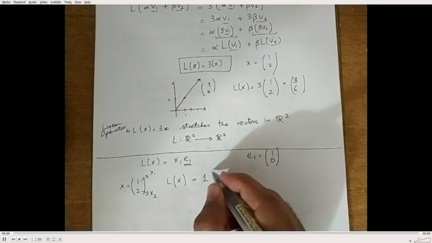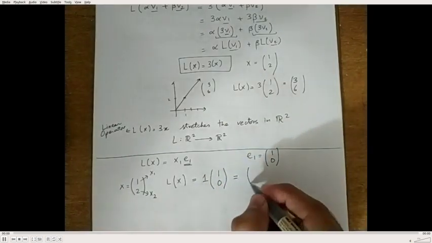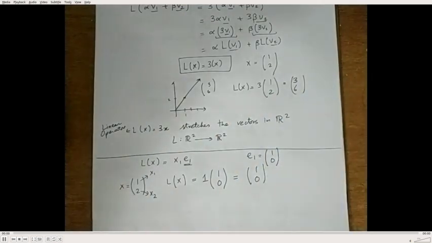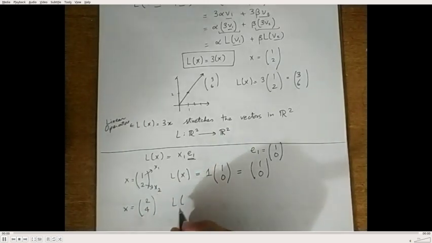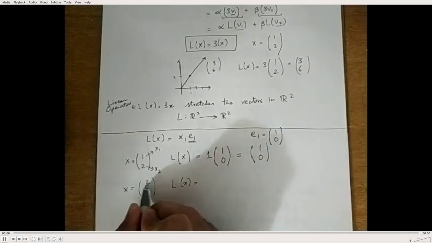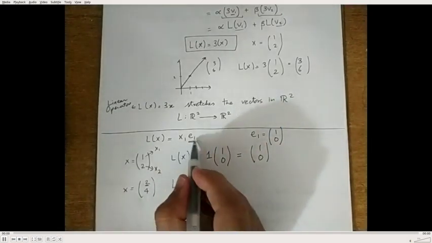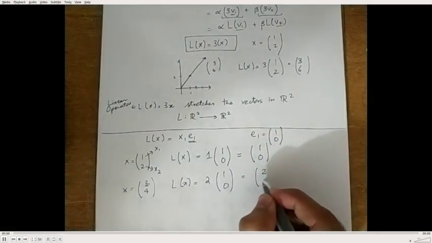So take the first one, multiply it by (1, 0), and what we get is simply (1, 0). Let's try another vector, x equals (2, 4). If I transform this vector, then the first component is 2 times e1, which is (1, 0). So this becomes (2, 0).